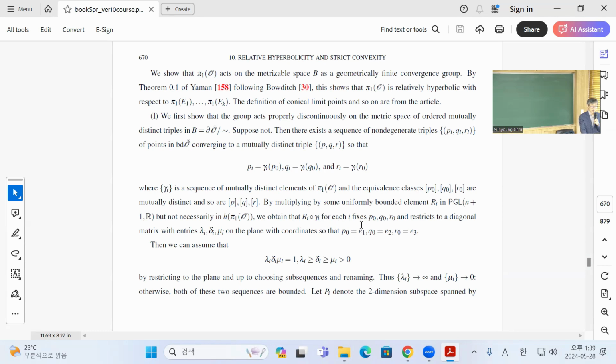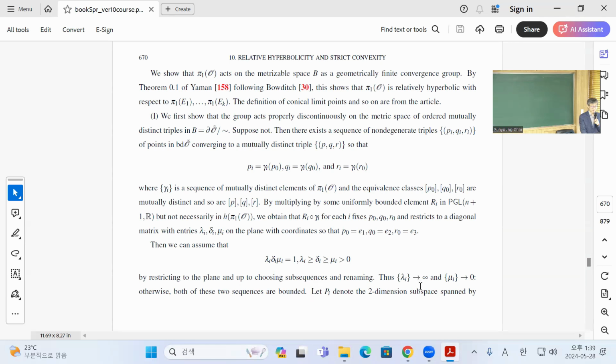So these will no longer preserve omega, but you can see that now the plane containing this is represented by some diagonal matrix like this, satisfying this property.